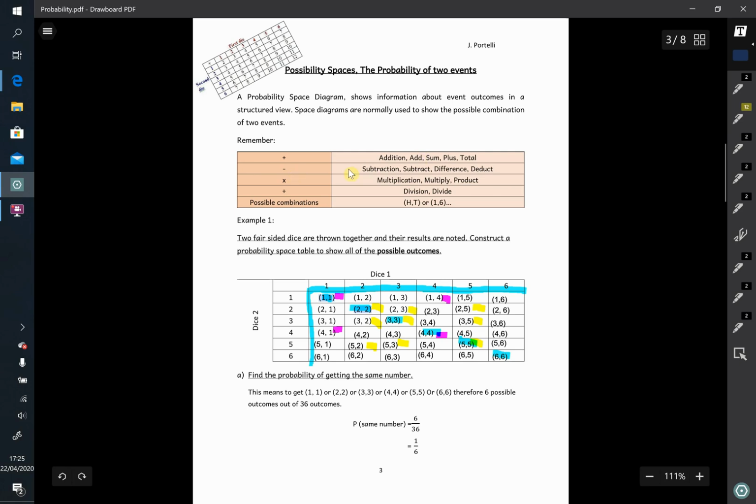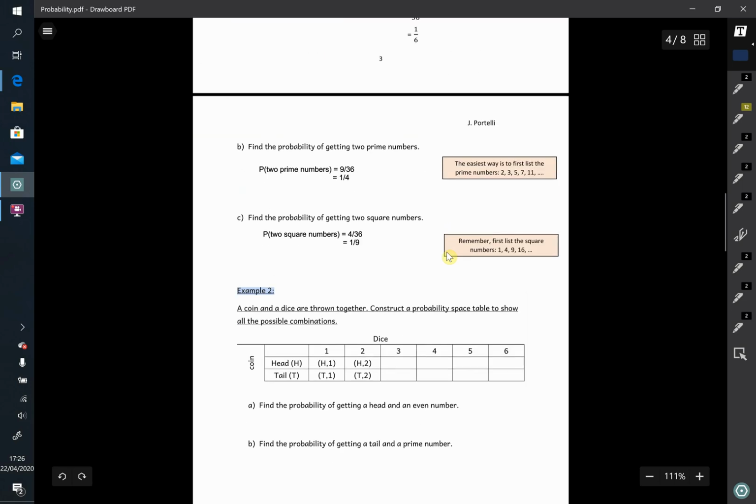You can add it to your notes. If you have multiplication, multiply, or product, then it's times. And if you have division or divide, then it's division. When you have the brackets, it's asking you for the possible combinations, or like we have it over here, possible outcomes.